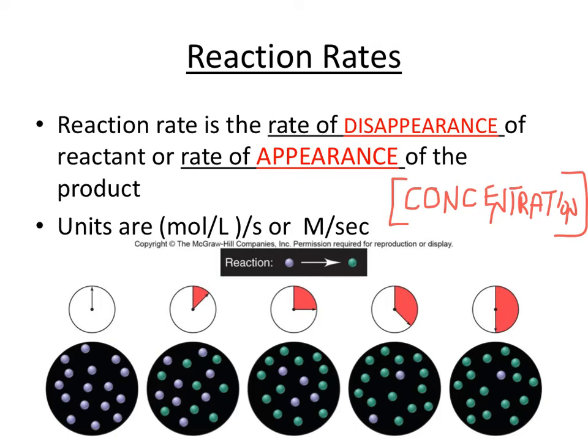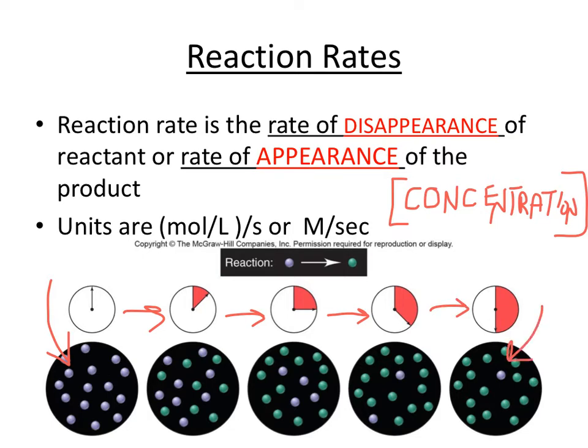In the case of this picture here, the reactant molecules are all purple, and so we start off with all reactant. As time goes along, we convert more and more of the purple reactant into the green product.